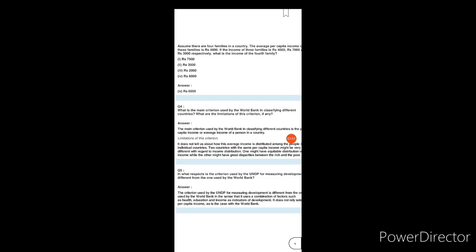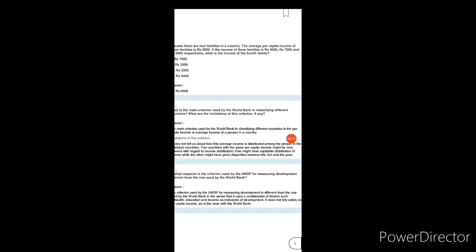Answer is, the criterion used by the UNDP for measuring development is different from the one used by the World Bank in the sense that it uses a combination of factors such as health, education and income as indicators of development. It does not rely solely on per capita income, as is the case with the World Bank.